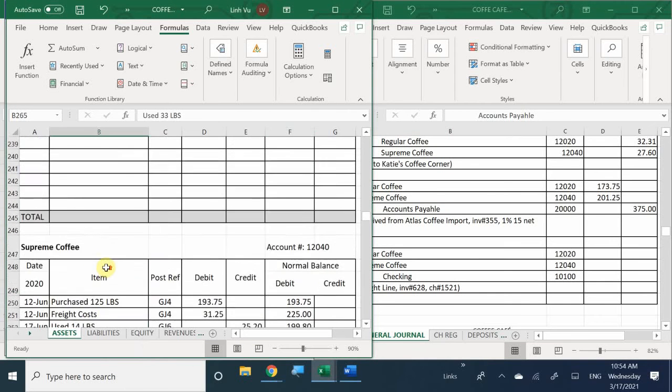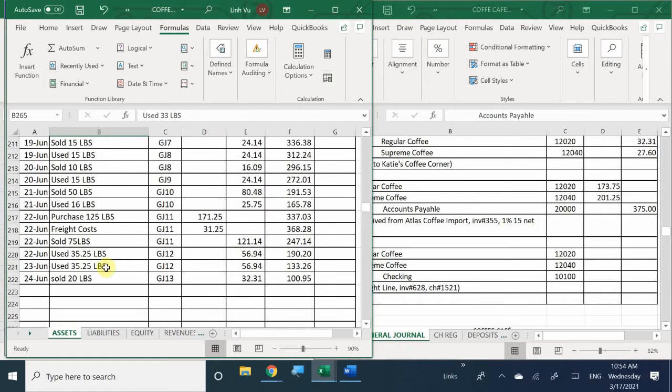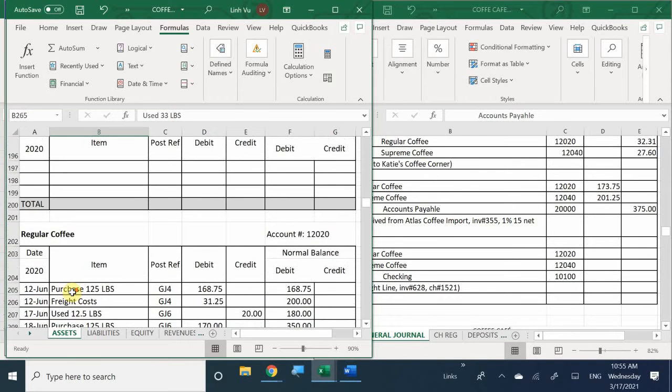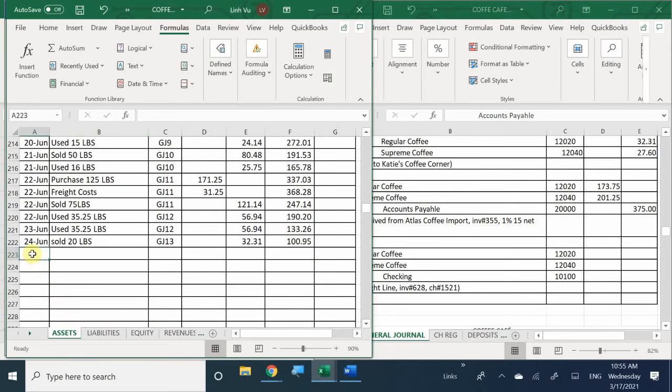Perfect. We're right exactly where we left off, which is the regular coffee and the supreme coffee. So let's enter this information in here. So how many pounds of the regular coffee did we buy? 120. 125. Good. Oh, 125, sorry.